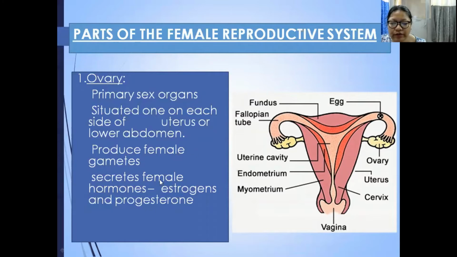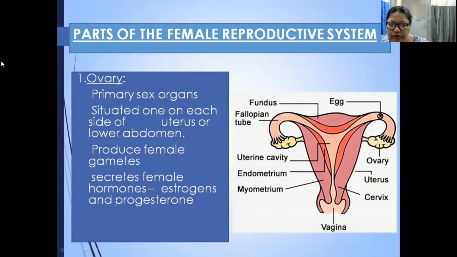And we have another function of the ovary, that is, it secretes the female hormones known as estrogens and progesterone. Both of these hormones are secreted by ovaries. And what is the function of progesterone? It helps the woman during the delivery of the baby. That means progesterone takes care of the entire period of pregnancy.